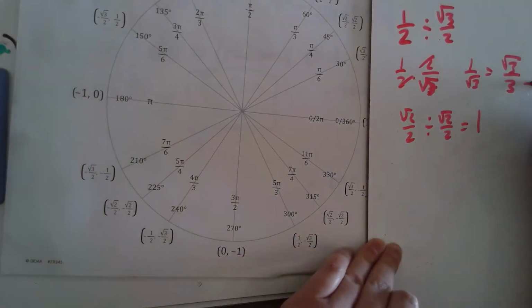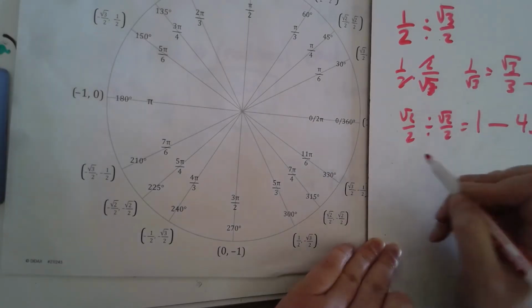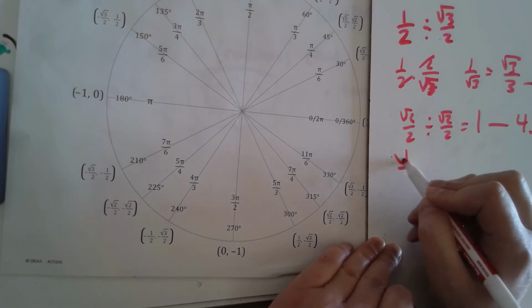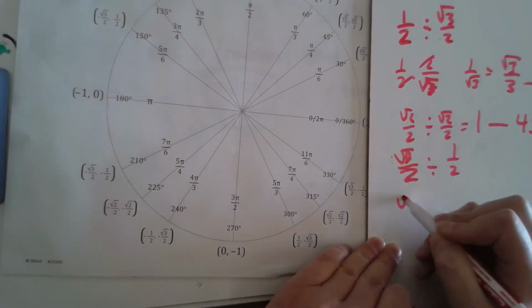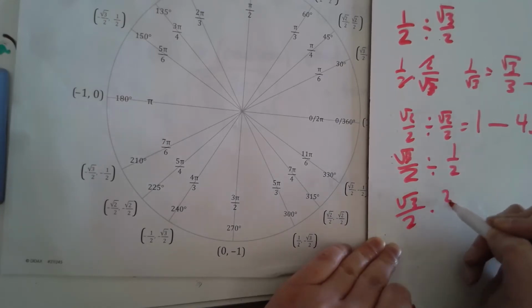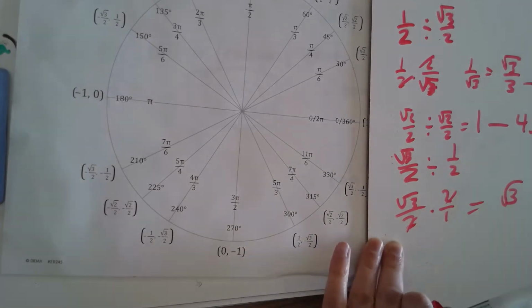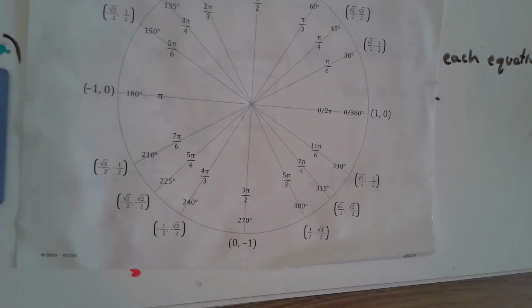this is 30 degrees, 45 degrees, and this is square root 3 over 2 divided by 1/2. So that's square root 3 over 2 times 2 over 1, which is square root 3. I'm just going to write that on my paper.